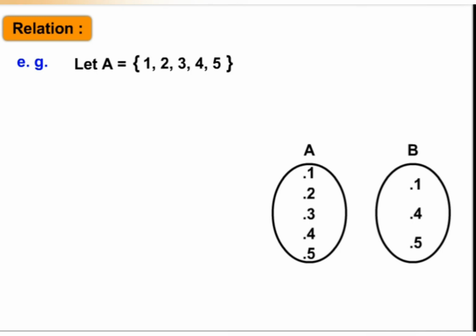For example, let A be the set containing 1, 2, 3, 4, 5 and B be the set containing 1, 4, 5.